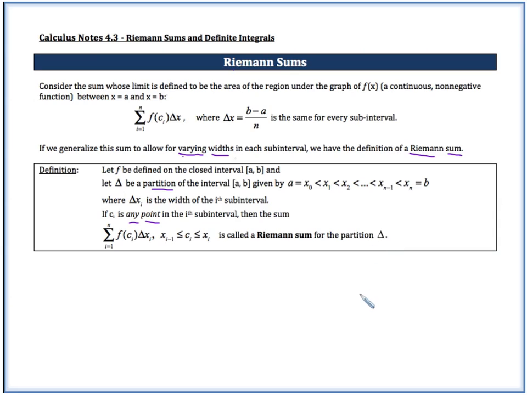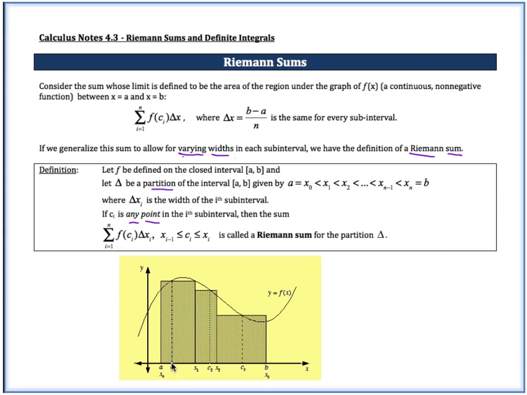All of that really just means we're going to take these delta x's and make them of any width. The x values that make our subintervals just have to be in order; they don't have to be spaced evenly apart. Here's what that looks like.